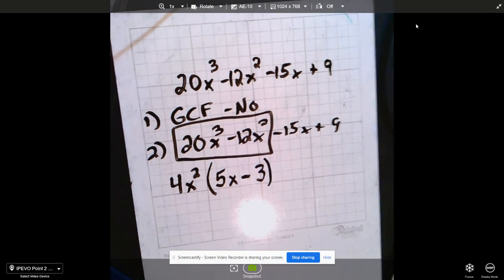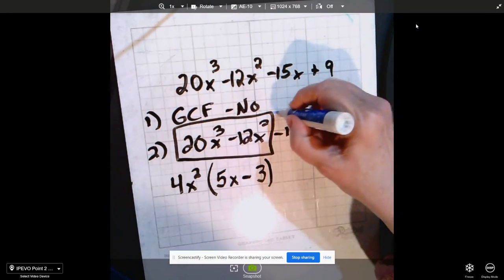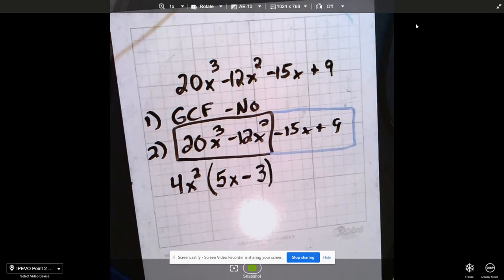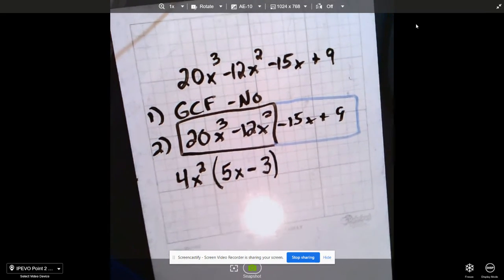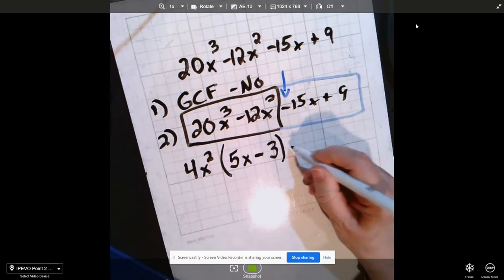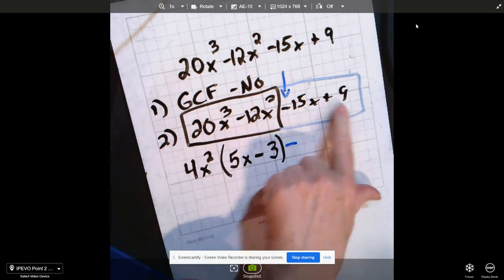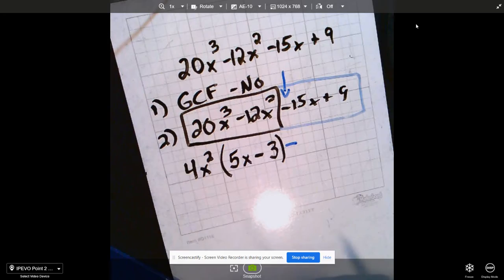Then the next thing I do is I take a look at the next 2 pairs of numbers. These 2 here. And if this is a minus sign, then this will be a minus sign. And then I do exactly the same thing. I take a look at it and I say, all right, what can I take out of between 15 and 9?